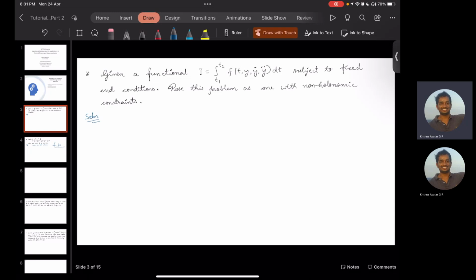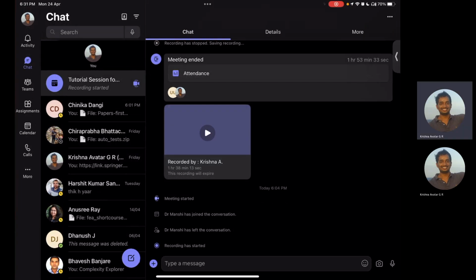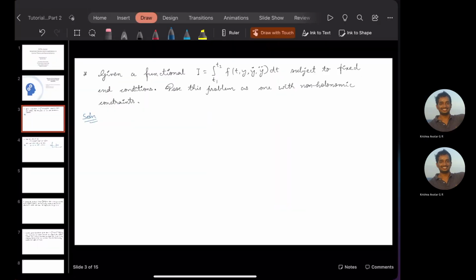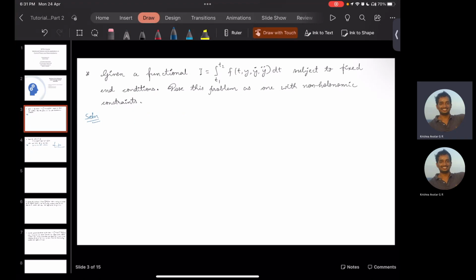It says that, given a functional I equal to the integral from T1 to T2 of F(t, y, y dot, y double dot) subject to fixed end conditions, we have to pose this problem as one with a non-holonomic constraint.